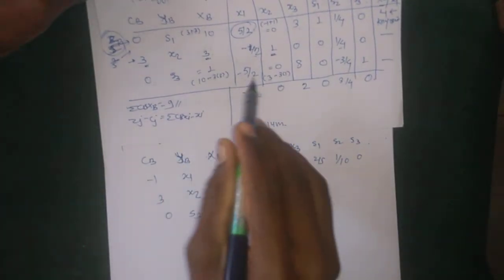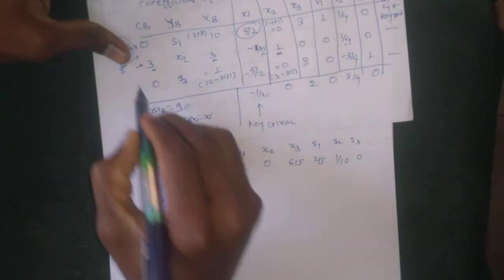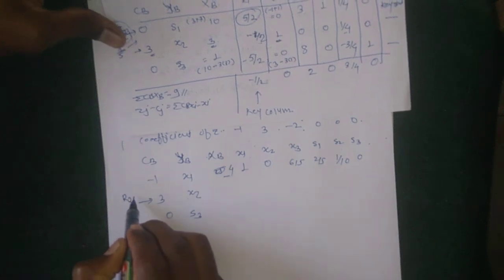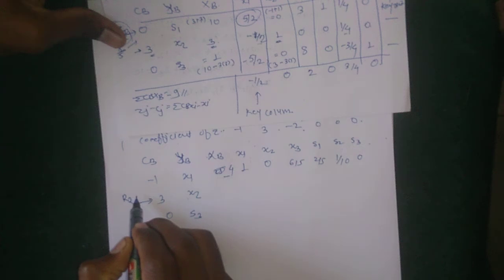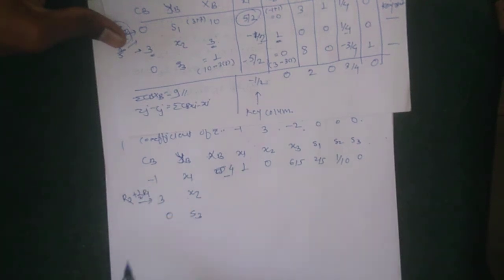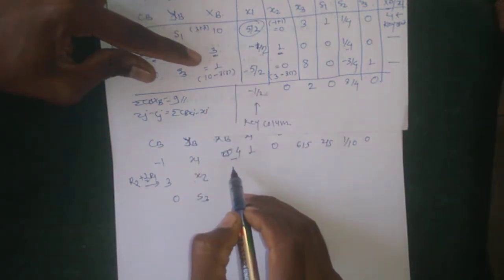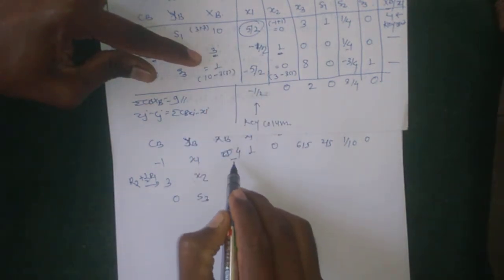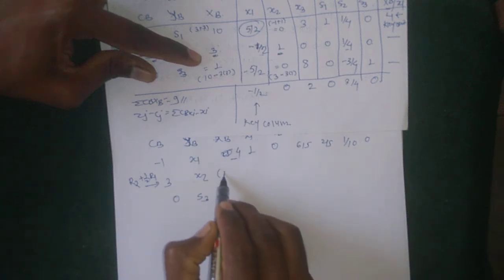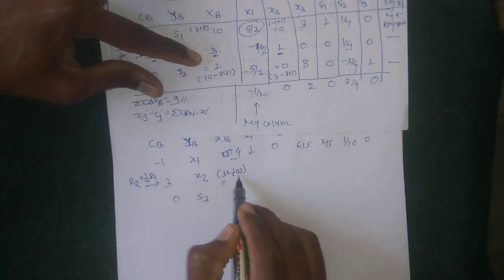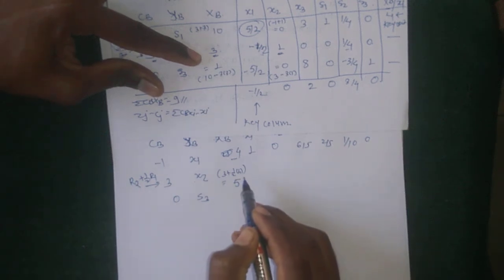And using this row, we make the other elements 0. The operation is R2 plus 1 by 2 R1. Here 3 plus 1 by 2 into 4, we get 3 plus 2 is equal to 5.